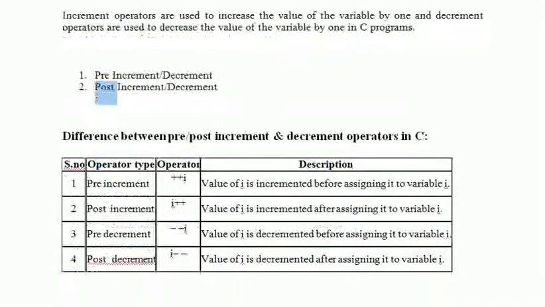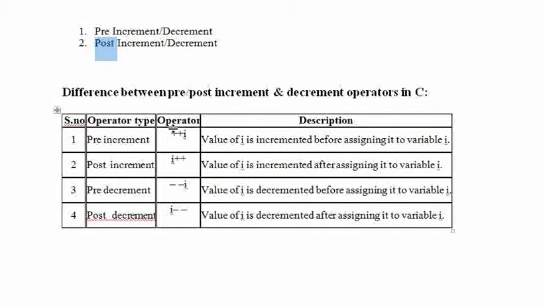Now we will see what is the difference between pre and post increment and decrement. Pre-increment is represented like this. What it will do is the value of I is incremented before assigning it to the variable I. First it will increment the value and then it will assign the value to the I. Post increment will do what?